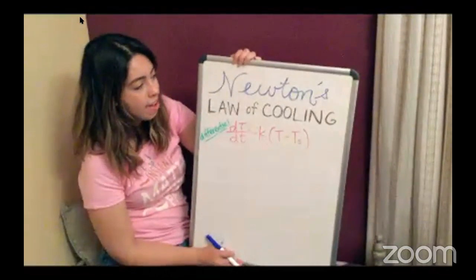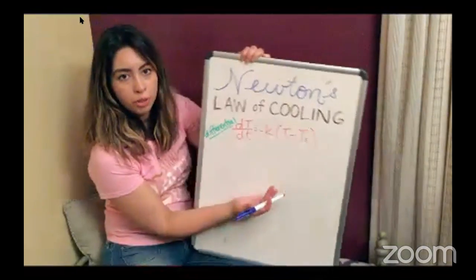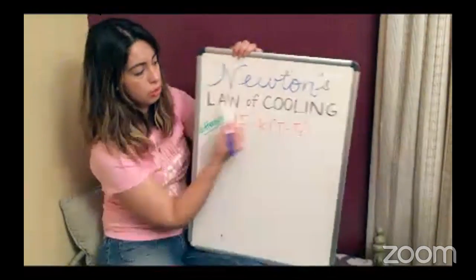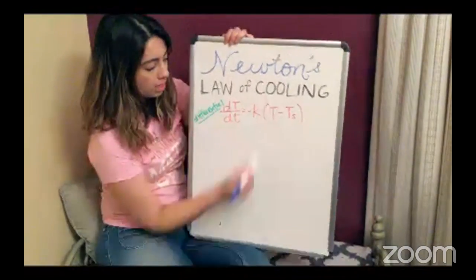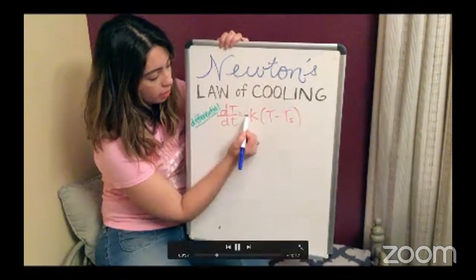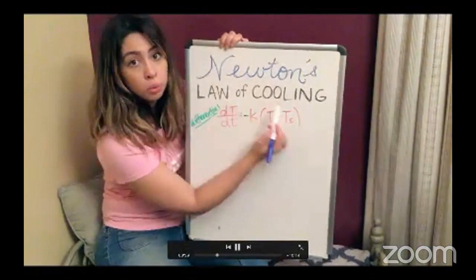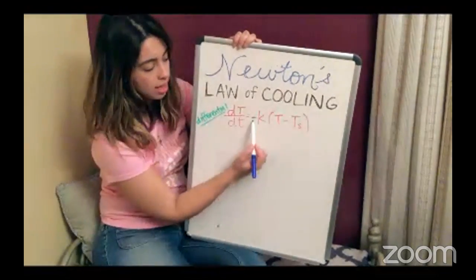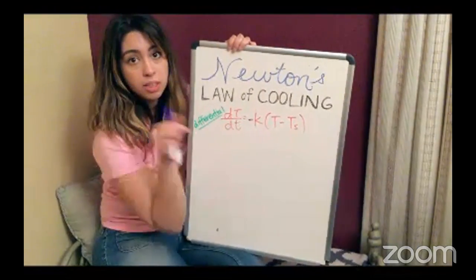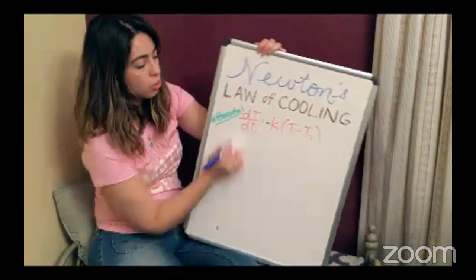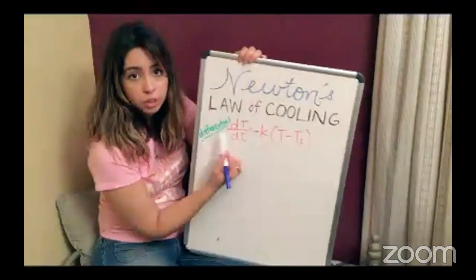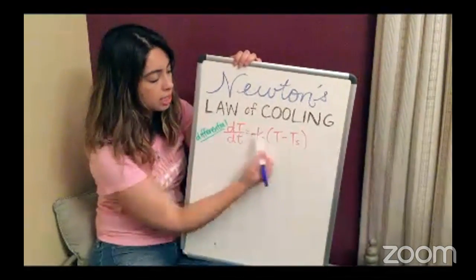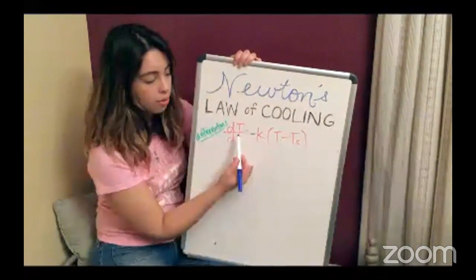So now we have our equation for the rate of change based off of Newton's law of cooling. I did make sure to put a negative here because it is the law of cooling. That means that we want to have a rate of change that is negative because it's going to be decreasing. What we have here is called a differential equation because it really is a derivative of the temperature.